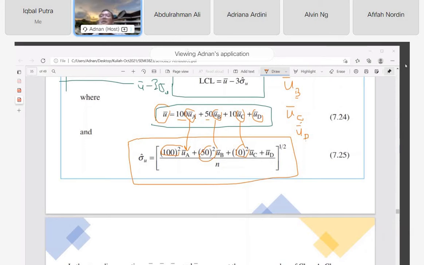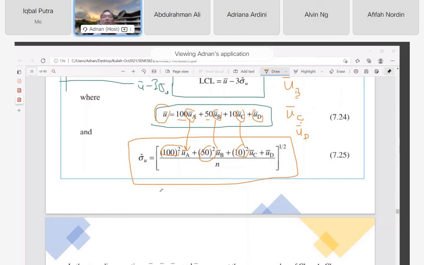We need to see different categories of that. So we use weightage, and we multiply that weightage with the average of different categories. Your textbook did not give any example on this, but I will try to find it from other books and share with you later, so maybe that will be clearer.